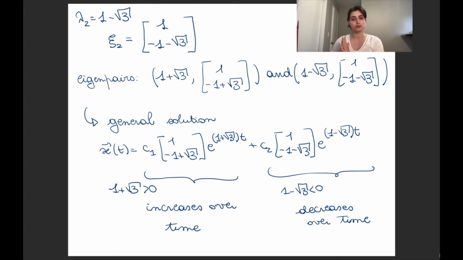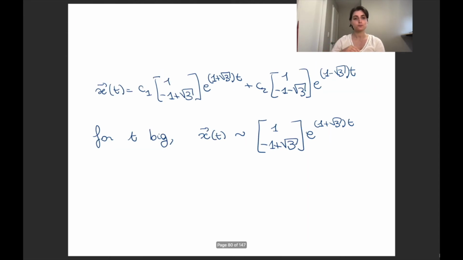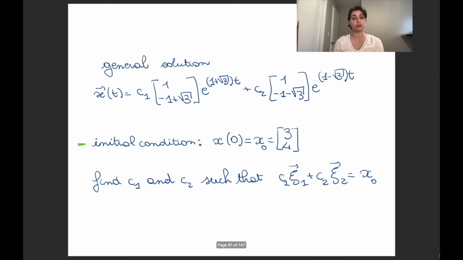It decreases over time. So for t big, the first element is important. For t small or even big and negative, the second element is important. So for t big, we're going to move as if we only see the first block, so only the first eigenvector. For t small, we see the other one.